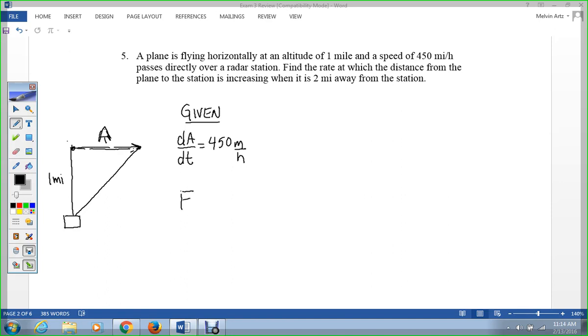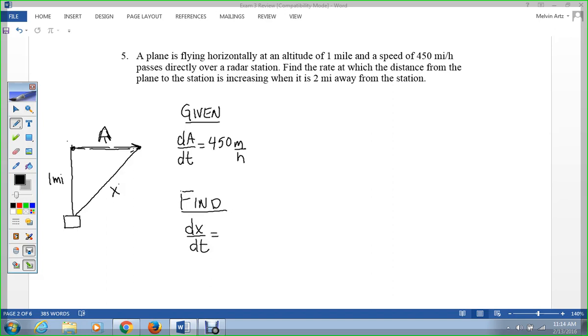Now, what are we trying to find? We are trying to find the rate at which the distance from the plane to the station is increasing. I'm going to let that be represented by x. So that's this distance right here, x. So we're trying to find dx dt.